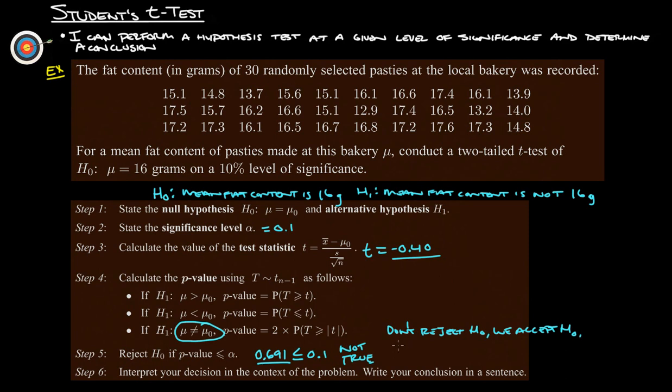So basically we say that we cannot conclude that the mean fat content is significantly different than 16 grams. Okay? That is the third t-test example there.